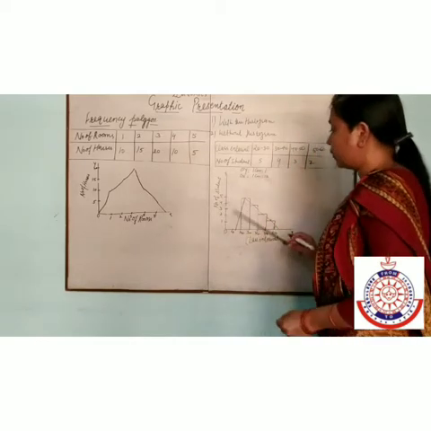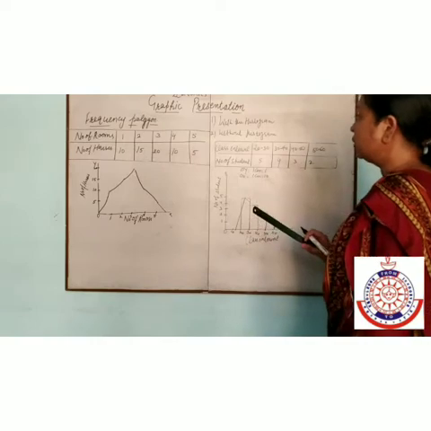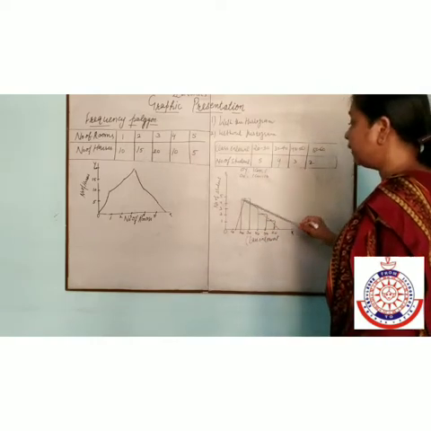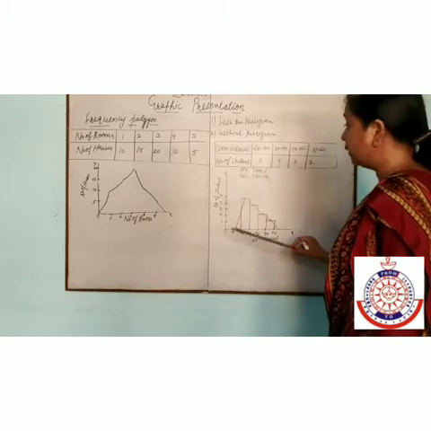This is our frequency polygon using the histogram. Whenever we are not using the histogram, we will take midpoints first.